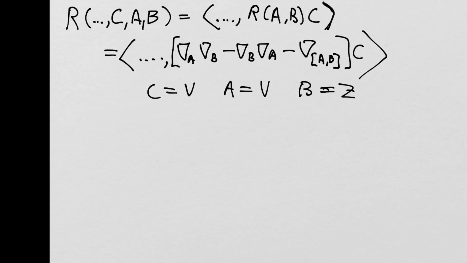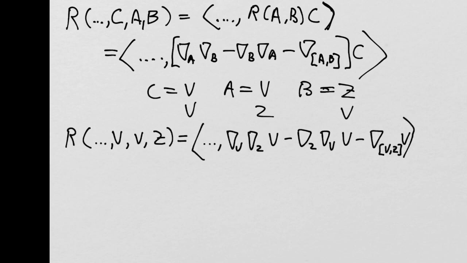I think Misner, Thorne, and Wheeler go V, Z, V, and they end up with a minus sign different in their final equation. But regardless, let's do that. This is what we get. We're basically making the replacement: A goes to V, B goes to Z, and C goes to V. And we end up with this expression right here.